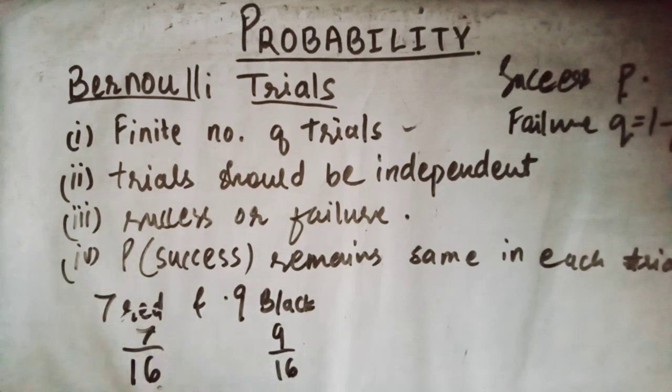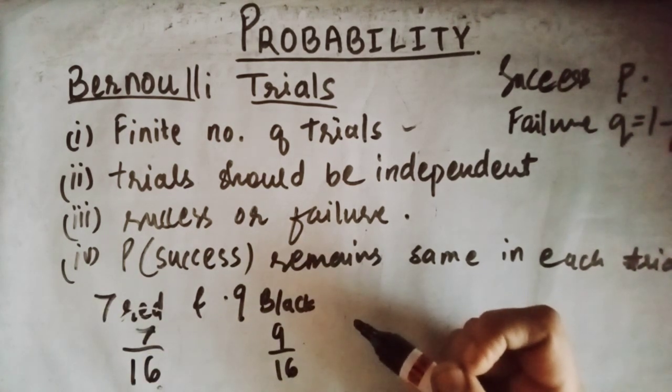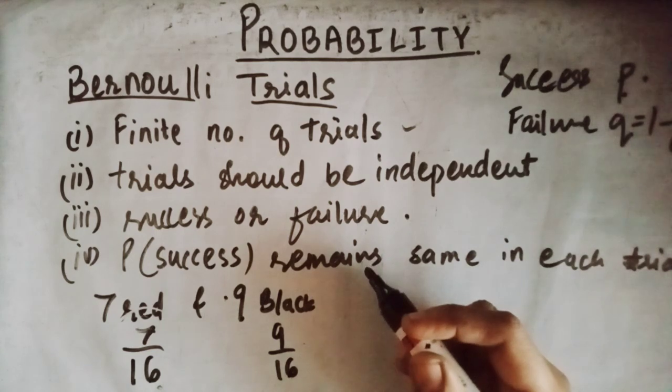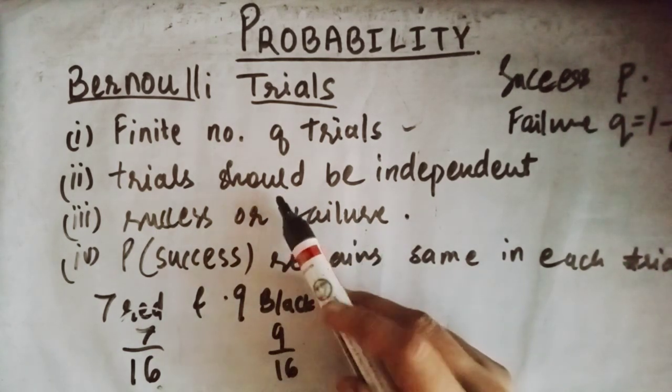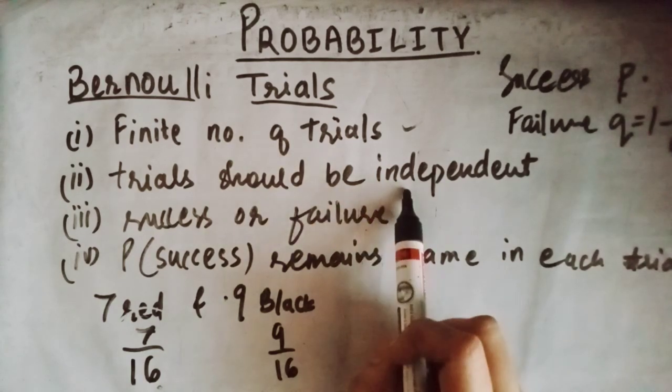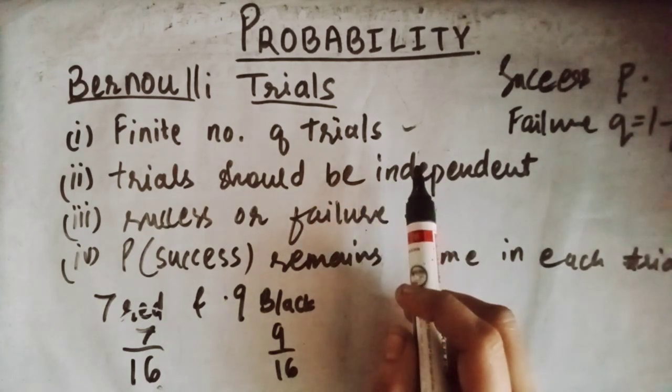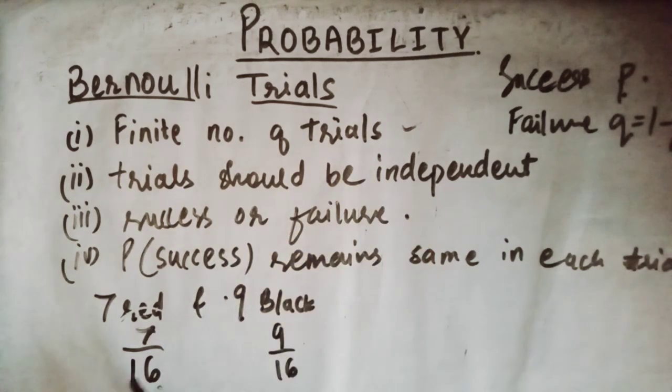So the second condition is that trials should be independent. So here this probability doesn't affect this. Then success or failure we got.